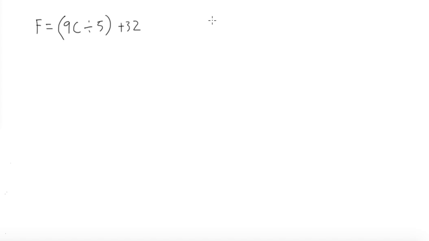So let's use 10. Say Celsius equaled 10. That's what the thermometer said, 10 degrees. Then we're going to plug it into this. So that C is going to go over to this C right here. And we're going to do 9 times 10 divided by 5. It's all in parentheses, remember that, plus 32.